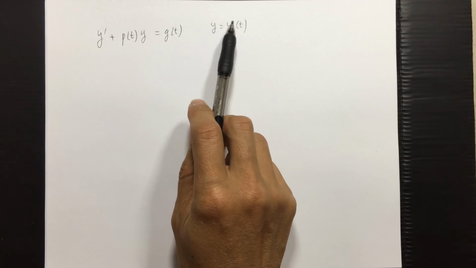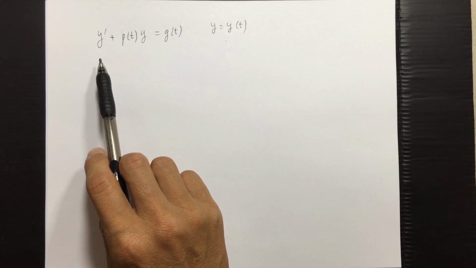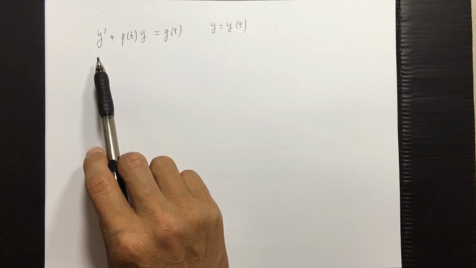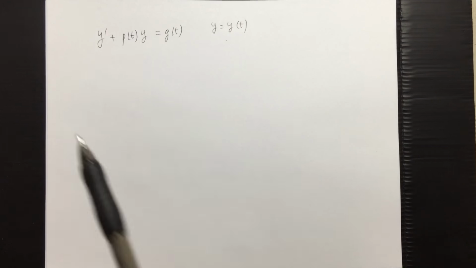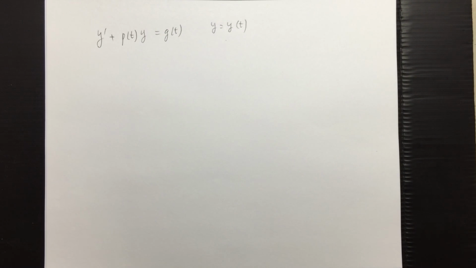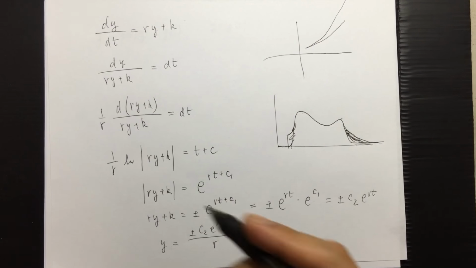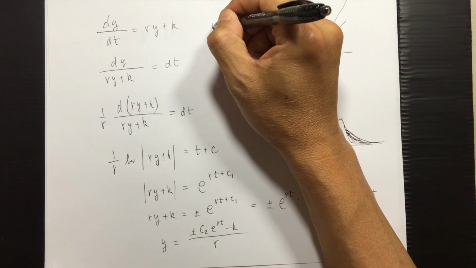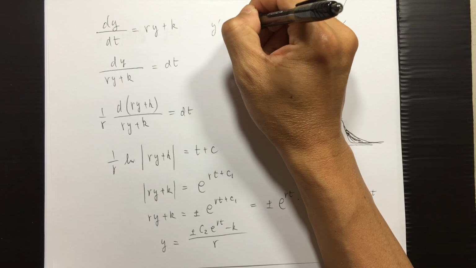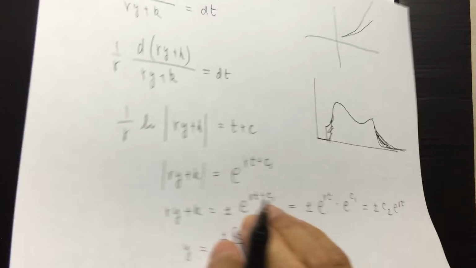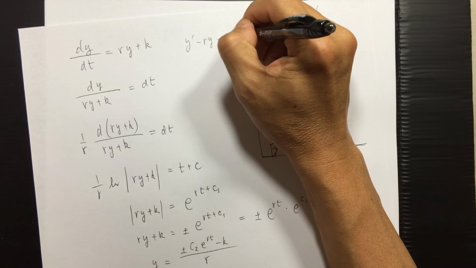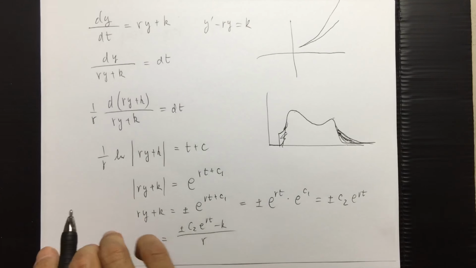I want to solve this without the differentials. When there's a differential equation, in this case, this is the y prime. If I write it in that way, y prime minus r y equals k. I want to solve this equation.